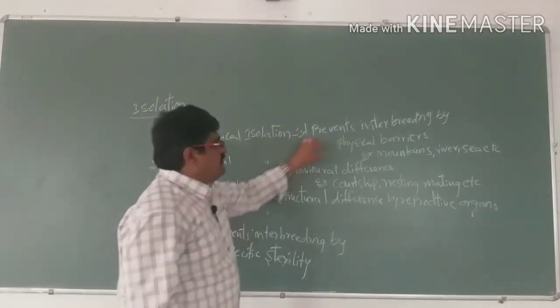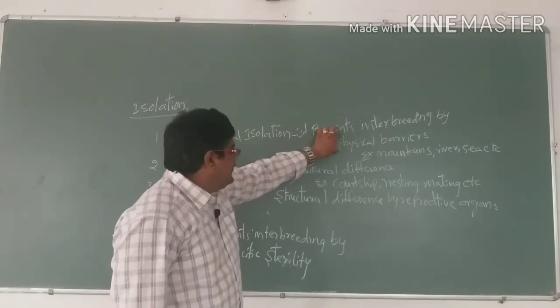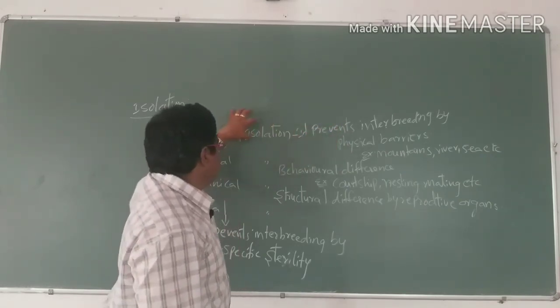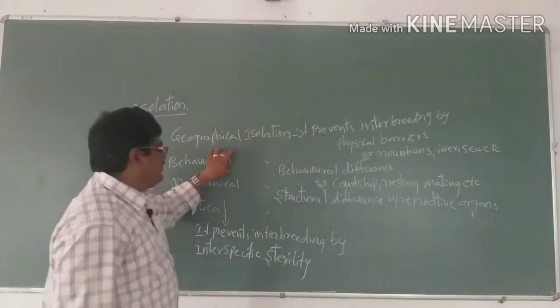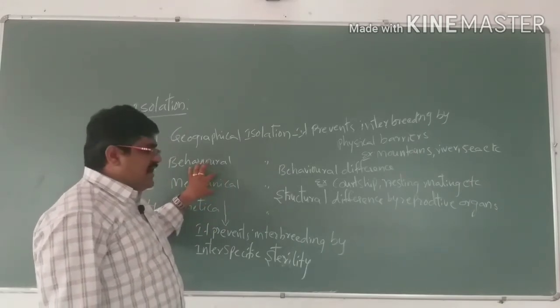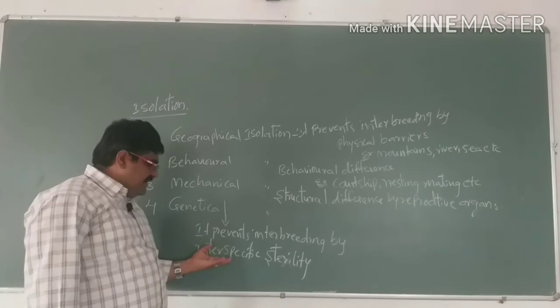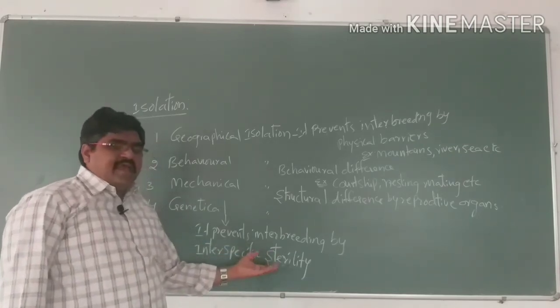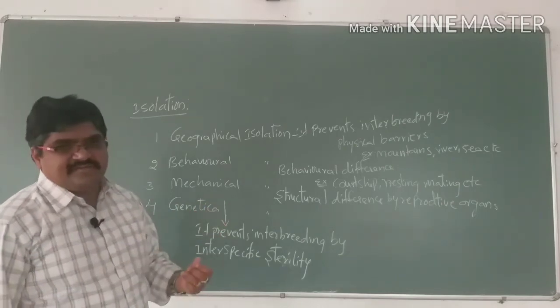So it prevents interbreeding by physical barriers in geographical isolation, behavioral differences in behavioral isolation, structural differences in mechanical isolation, and interspecific sterility in genetical isolation.